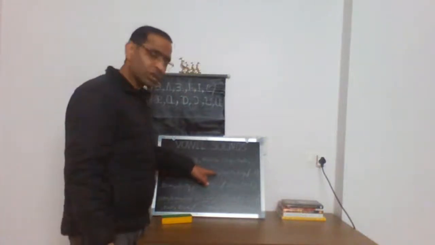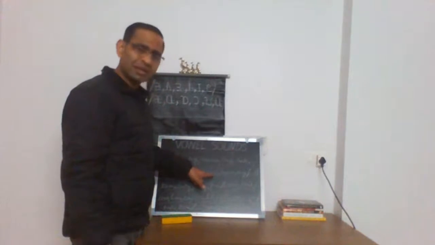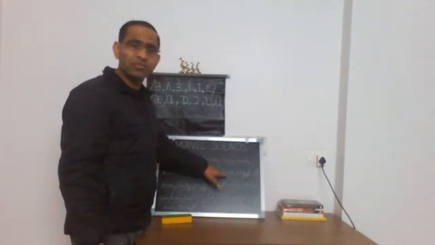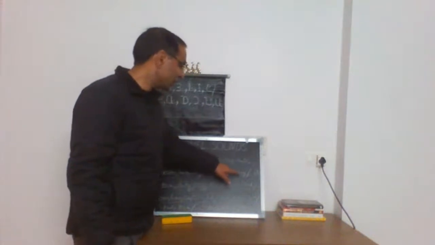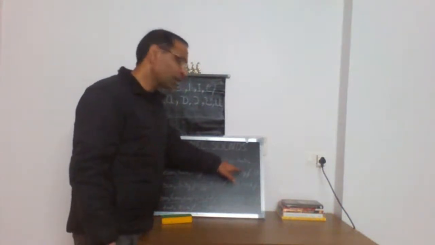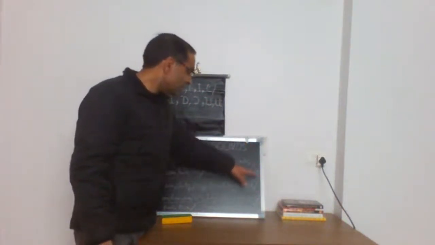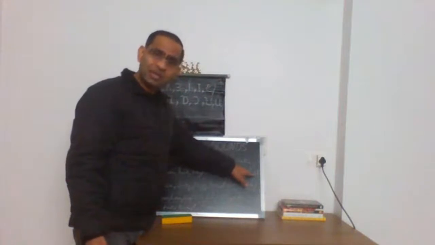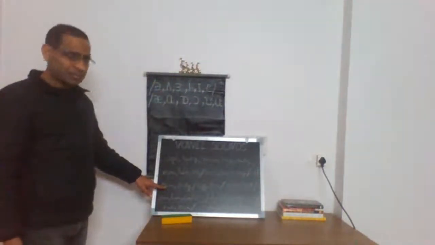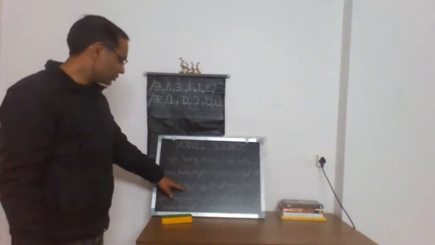Coming to the long E sound, we use it in east as the initial sound, beach as the medial sound, and in key as the final sound. Then coming to the short E sound, we use it in it as the initial sound, in tick as the medial sound, and in duty as the final sound.